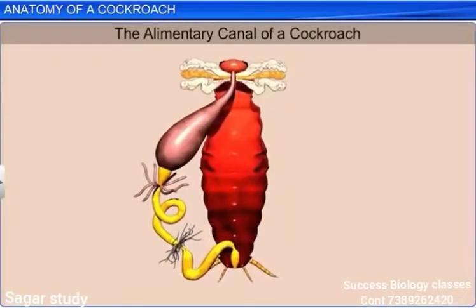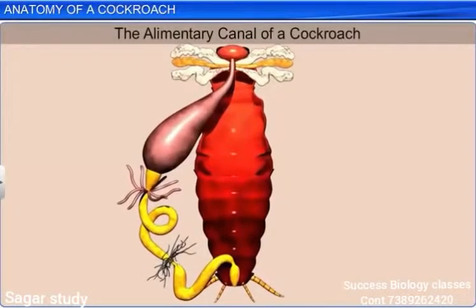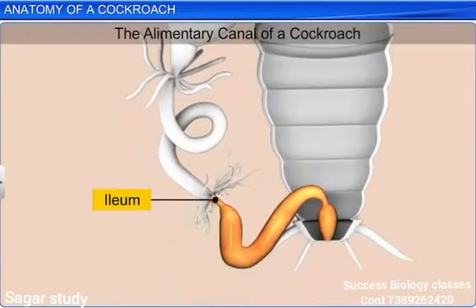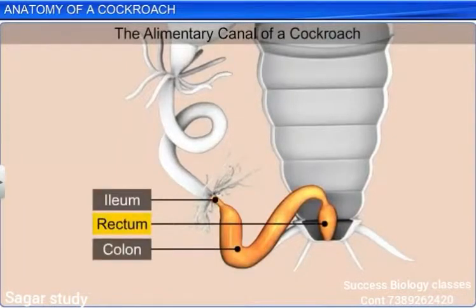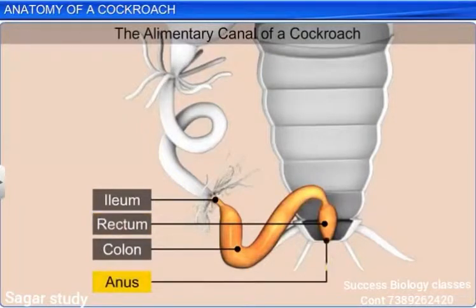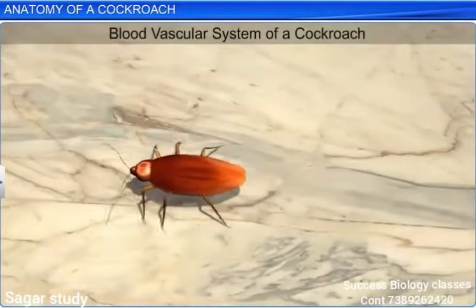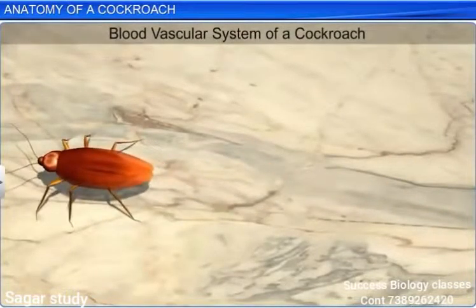The midgut is followed by the hindgut, which is broader and is divided into ileum, colon, and rectum. The rectum opens to the exterior through a small aperture called the anus. The anatomical study also includes the blood vascular system.